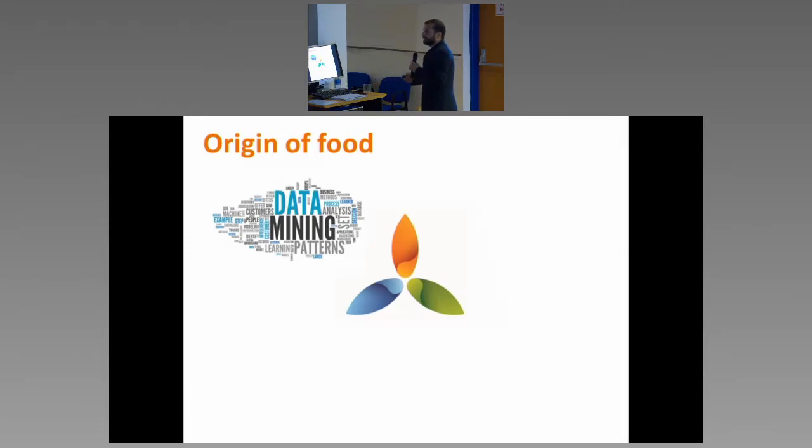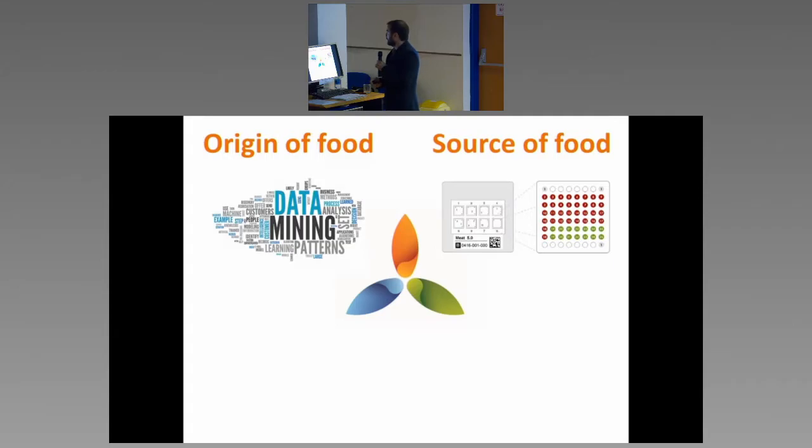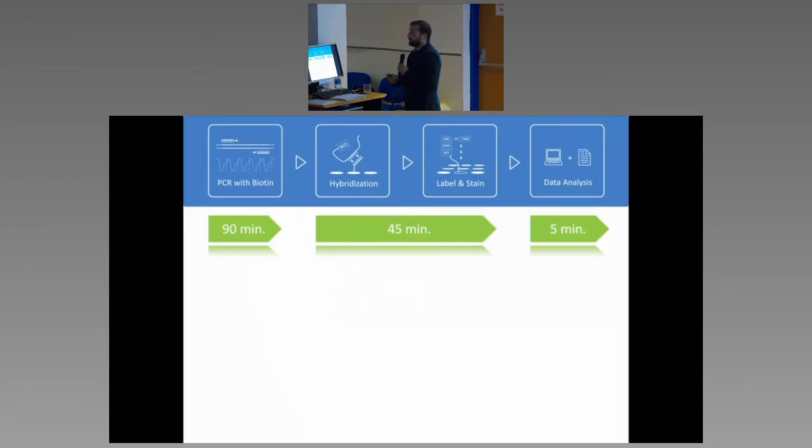So another field of our research is source of food. Generally, to find out what species are inside your food, these techniques were quite expensive and time-consuming, but these days are gone. We are now using something like a macro chip.